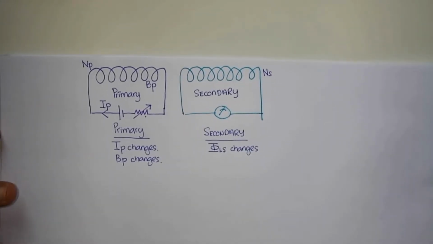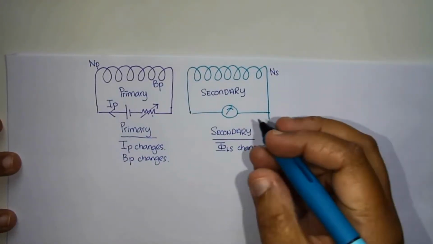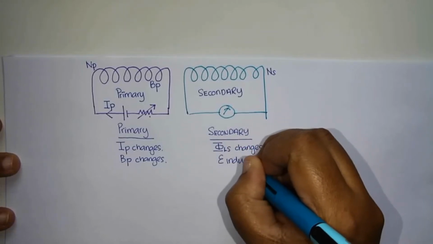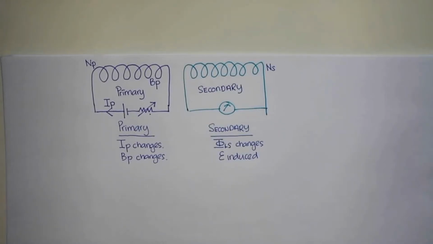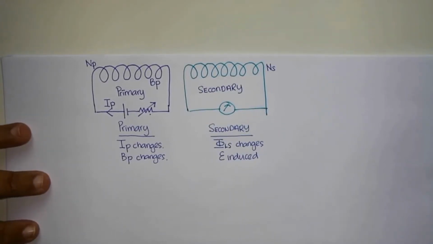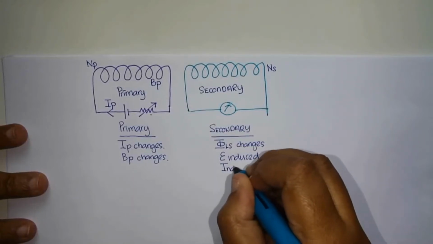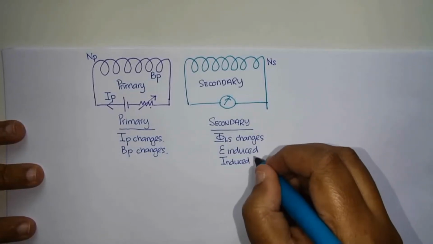According to Faraday's law, when the magnetic flux linkage changes, an EMF is induced in the secondary coil. So what will happen? A current is induced.